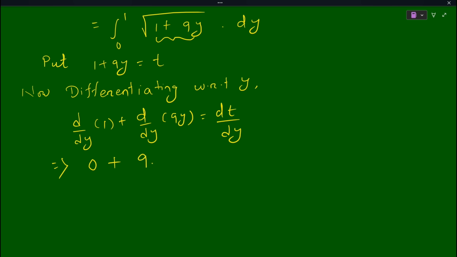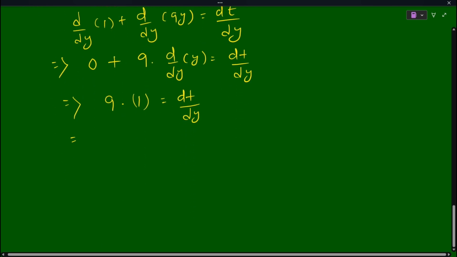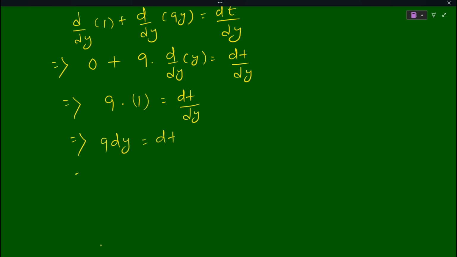Now this value is 0, this is 9, then the derivative of y with respect to y is 1, and it is equal to dt by dy. So now this dy value is equal to dt by 9.